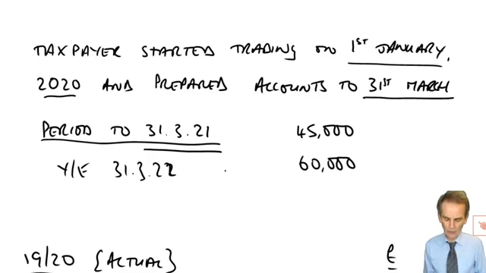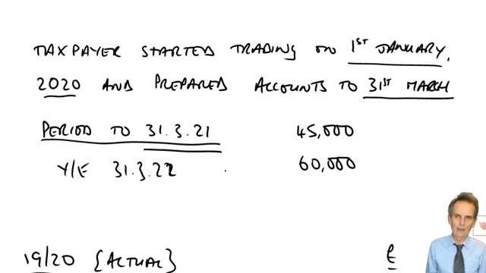Now, clearly, when you first start to trade, you have a choice of accounting date. The only time this is going to be an issue is not about any random dates. It's basically about, do you choose an accounting date that falls towards the end of a tax year?